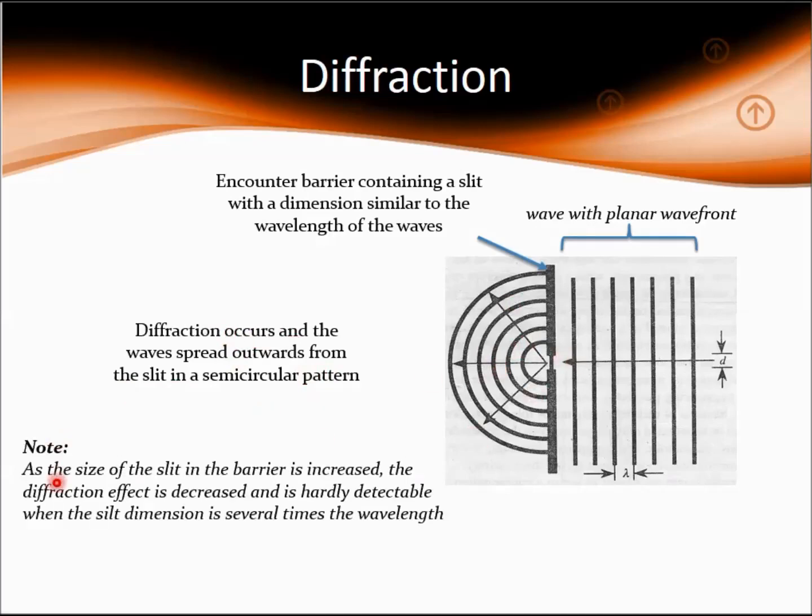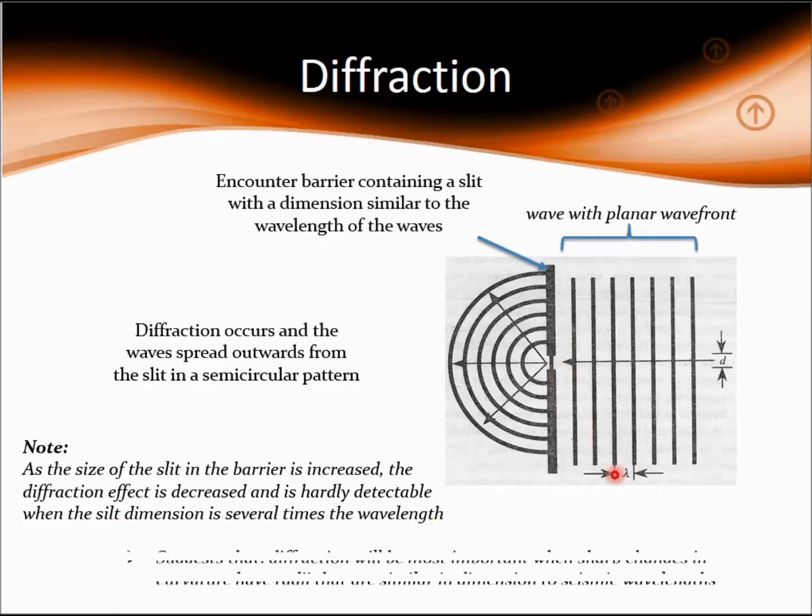Take note that as the size of the slit in the barrier increases, the diffraction effect is not increasing but decreasing, and is hardly detectable when the slit dimension is several times more than the wavelength.